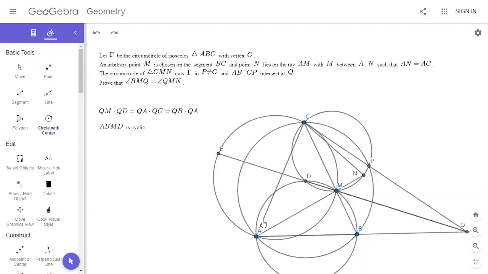In order to use AN is equal to AC, can you define CN intersect AQ? I could try that.